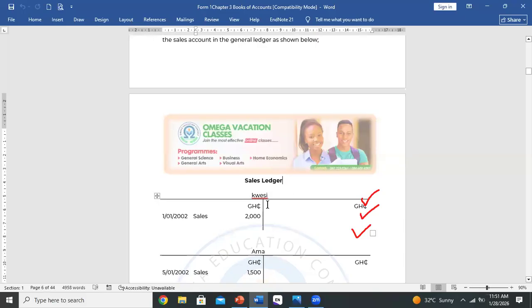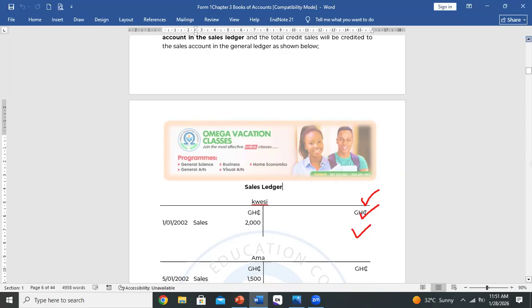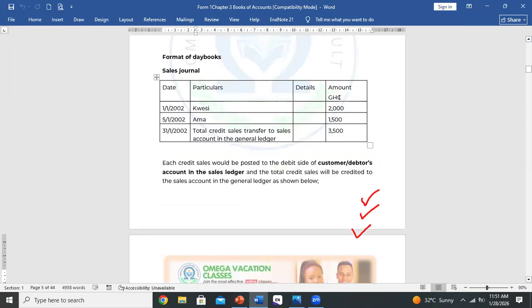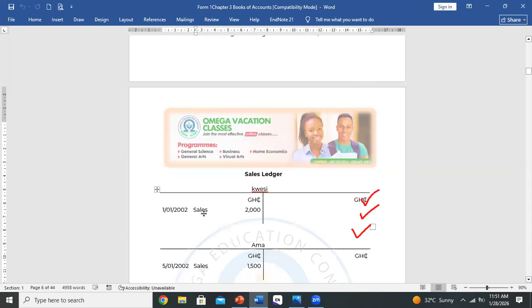Kwesi. Now, when you sell goods to a customer, what do you do? You debit the person. So you pick the date, 1st January 2002. The narration is sales, because we sold goods to Kwesi, and you put the amount there, the net amount.